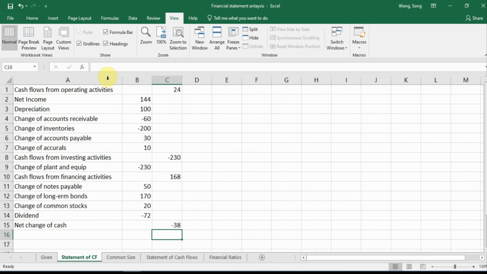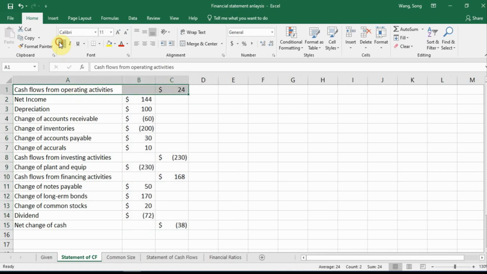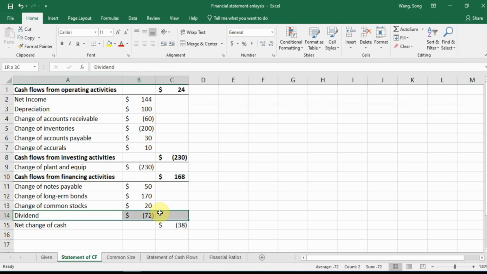We can just adjust the width of column A. And for the numbers, we want them to be in dollar figure, but show no decimals. And for the major ones, we want to mark them bold and put an underline here, and for the net change of cash.